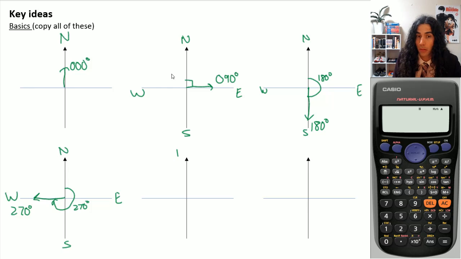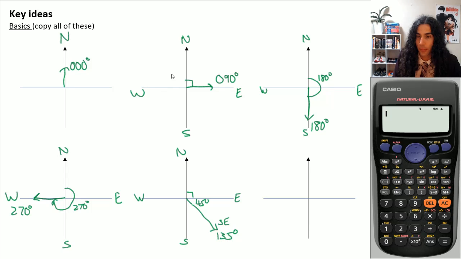So then, I'm just going to throw some at you. If we say down here, what is directly southeast? Well, that's 90 plus another 45. So southeast is 135.